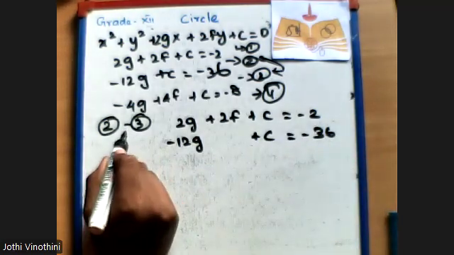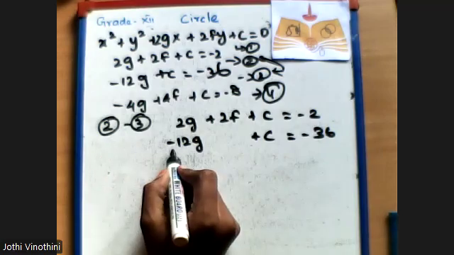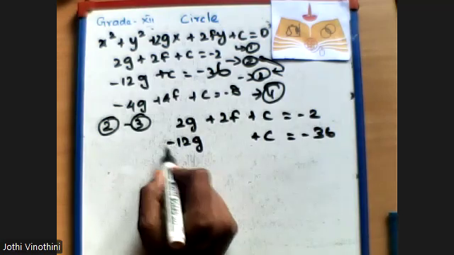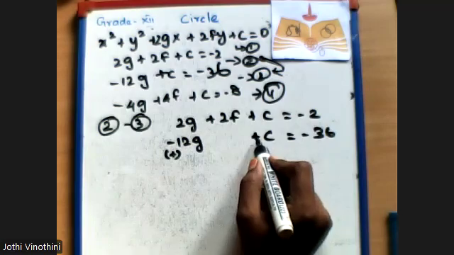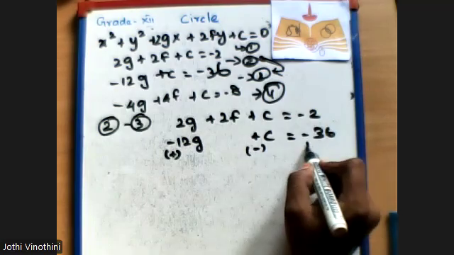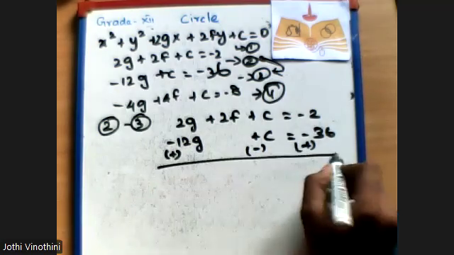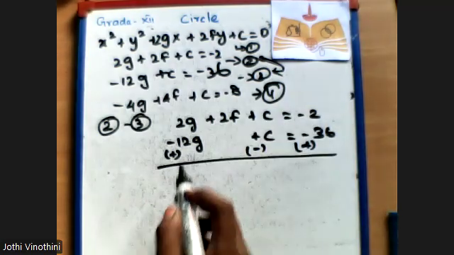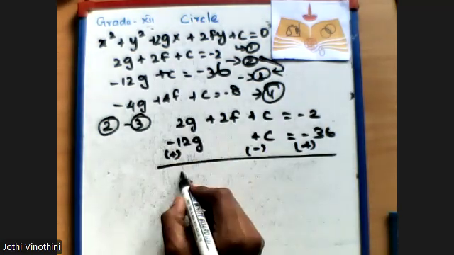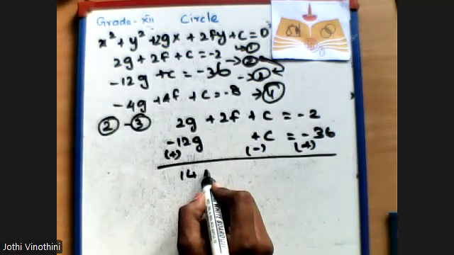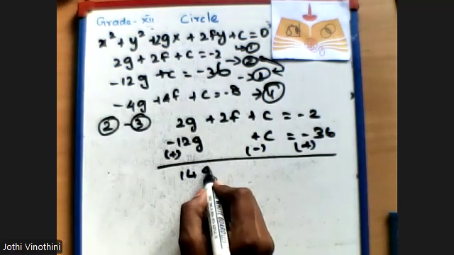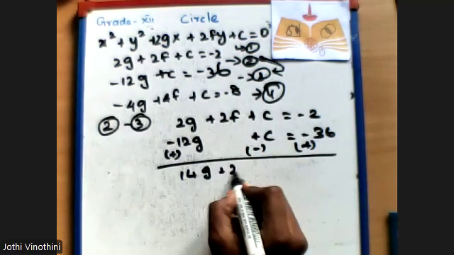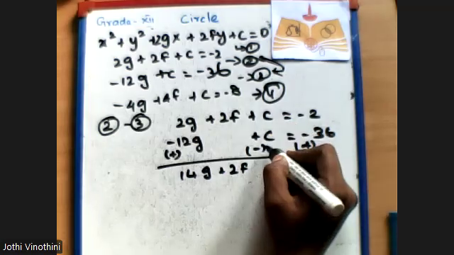So what we do is subtract. Minus of minus will be plus, so we are just going to add this. Plus 12 plus 2 will be 14g plus 2f. C and c get cancelled.